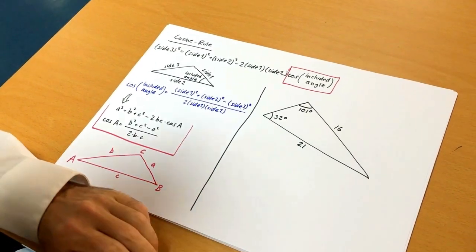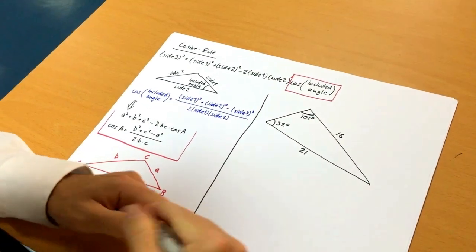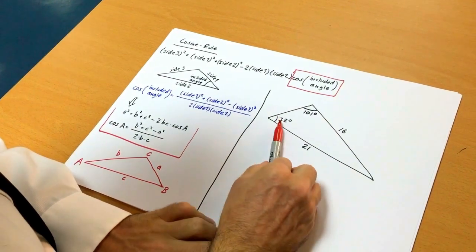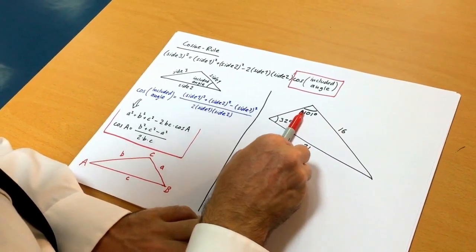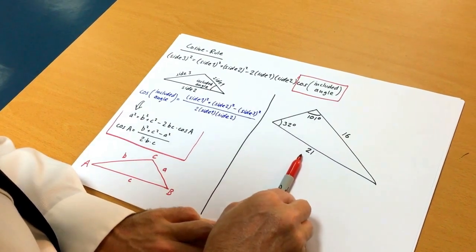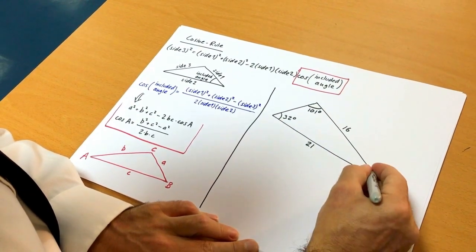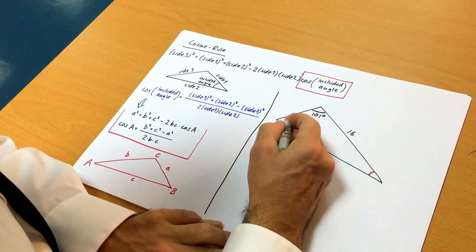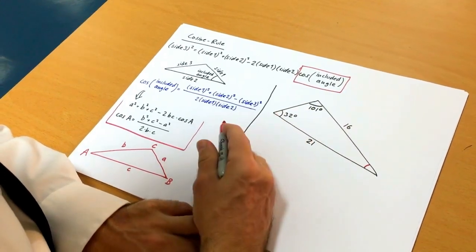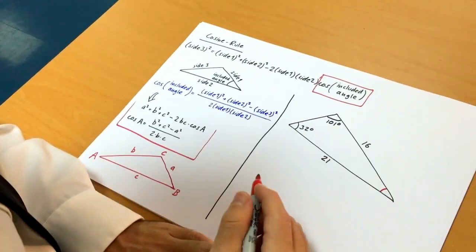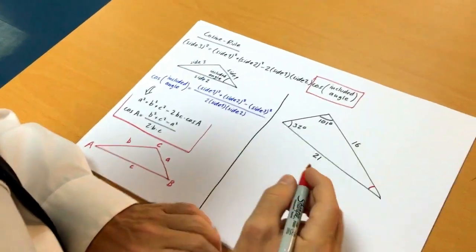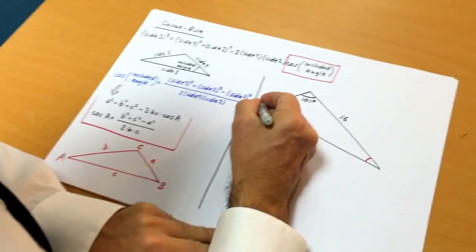So one problem, if you only learned about sine rule, then you know that sine of 32 divided by 16 is equal to sine of 101 divided by 21. But that's not going to help me to find the unknown angle here or the unknown side up here. So I can't use the sine rule for that. So let's try the cosine rule instead. So first of all, I'm going to put some names here.